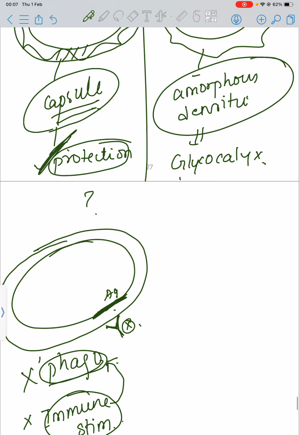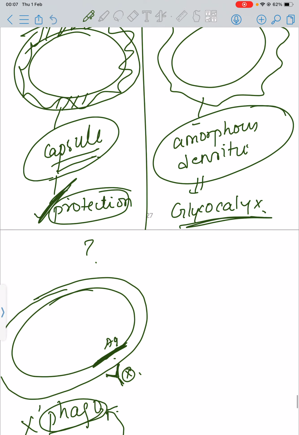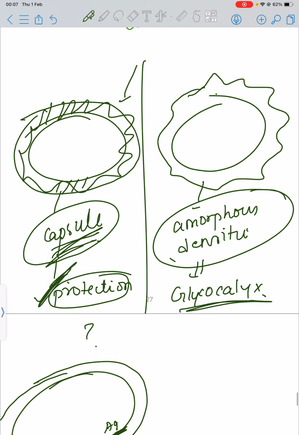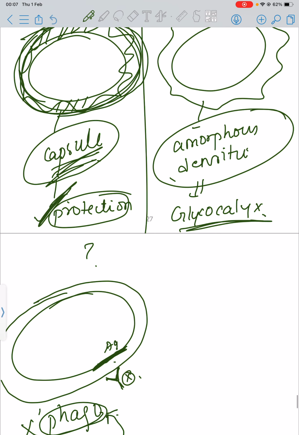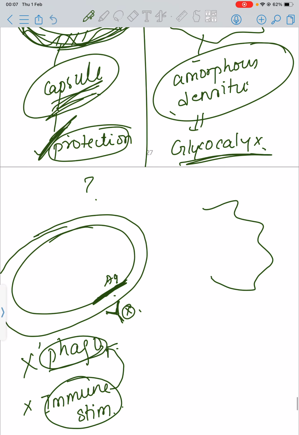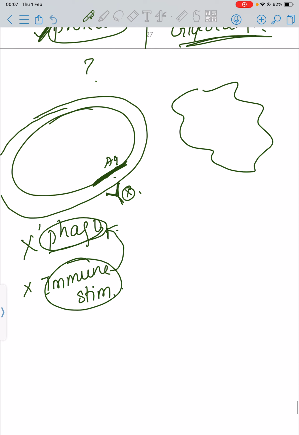And glycocalyx. So what is the difference between capsule and glycocalyx? Basically, capsules are structures which have a fixed structure to themselves, but glycocalyx doesn't have a fixed structure. They are just like amorphous densities. Now this glycocalyx basically helps in adherence.